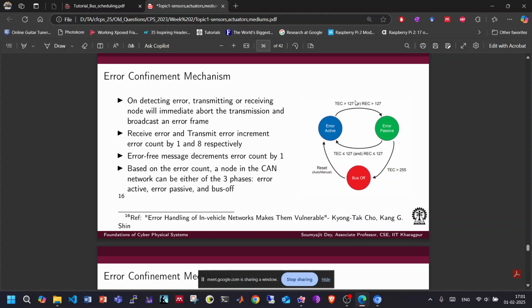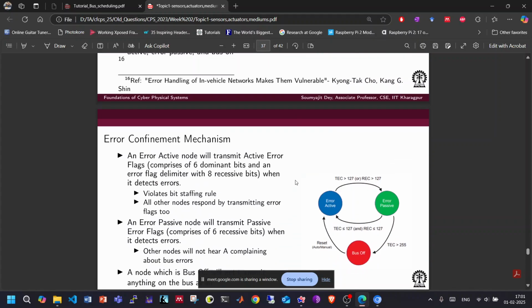And if it is still increasing, you turn that particular transmission node off for a certain amount of time. The designer can decide for how long the system can be in the bus off mode, and then reset the mode and restart it again, and it starts again with error active mode, so that it will flag the error whenever there is a transmission error or reception error. What I told you, Sir, makes sense?